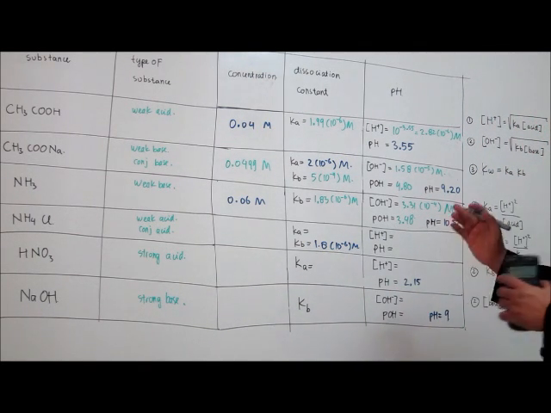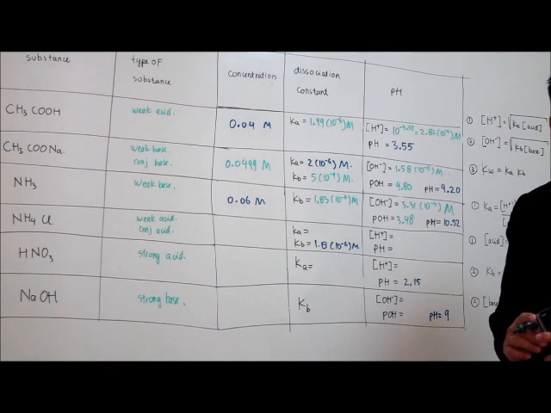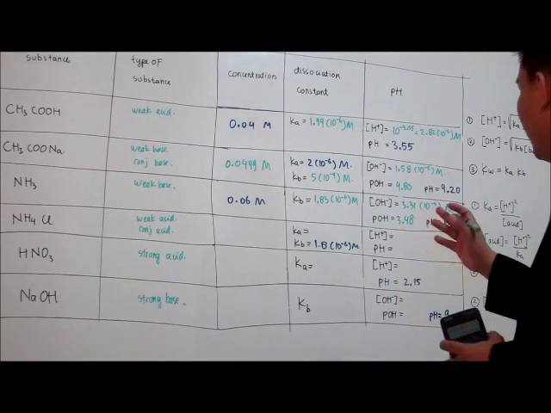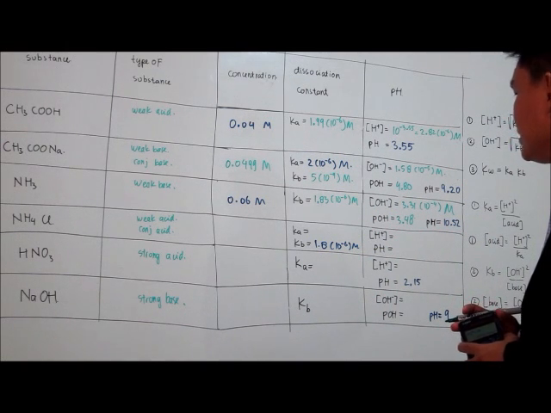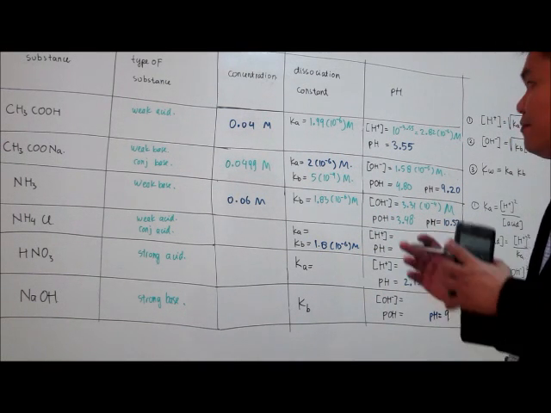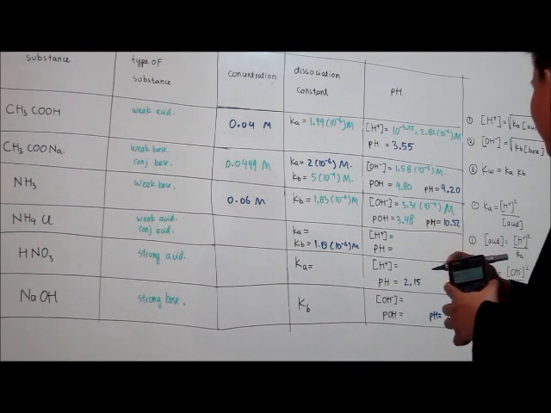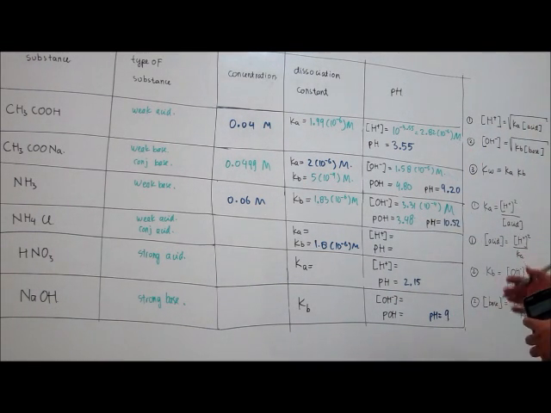So that's how we can calculate either the concentration or the dissociation constant of a certain solution with only one substance in the solution. So we just modify the formula.